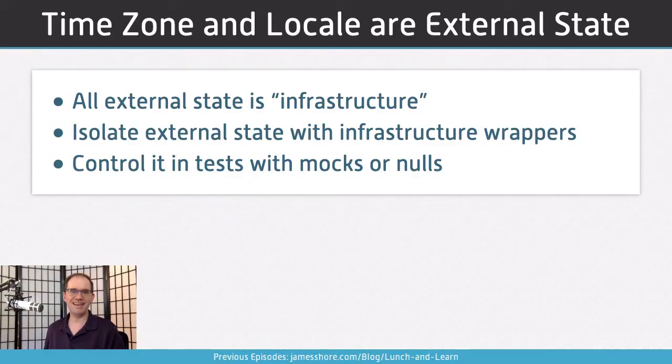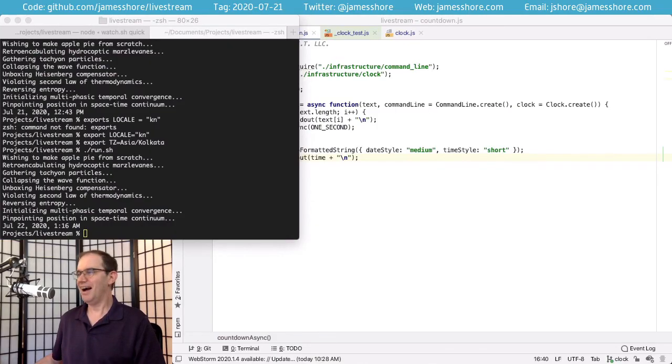Now, this is why I like having the test and having everything under control, because having to wait 10 seconds every time to see this come out, not a lot of fun. Well, the time zone changed, but the locale didn't. Sorry about that. Thanks, Lazy Dev and Uncle Scientist.